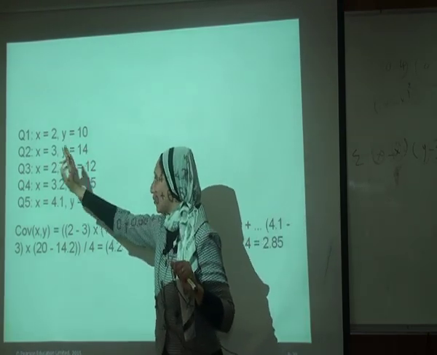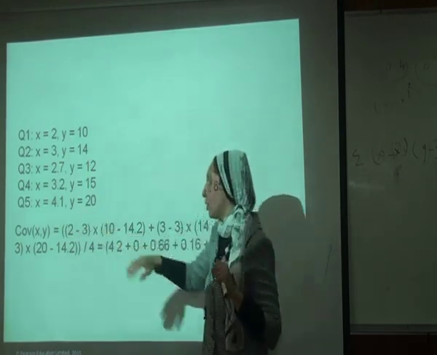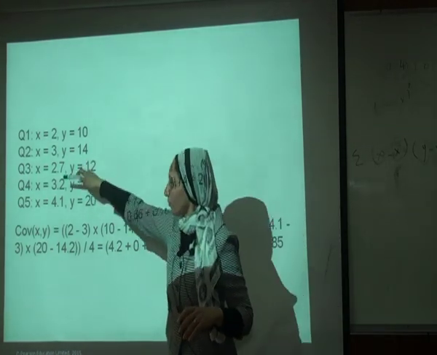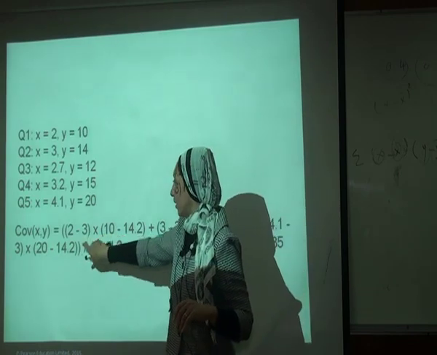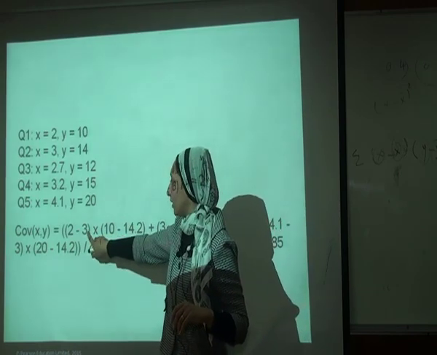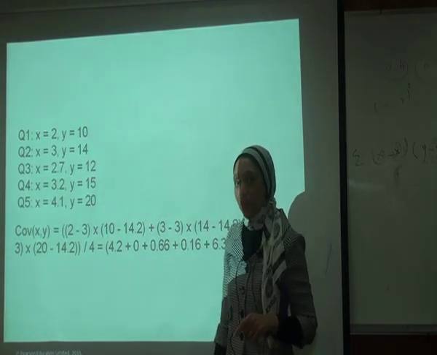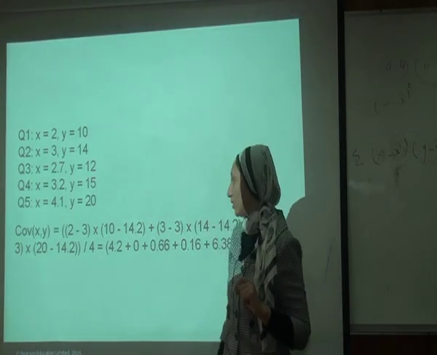So you add 2 plus 3 plus 2.7 plus 3.2 plus 4.1, divided by 5. After calculating, the average return is 3%. This is the average return.